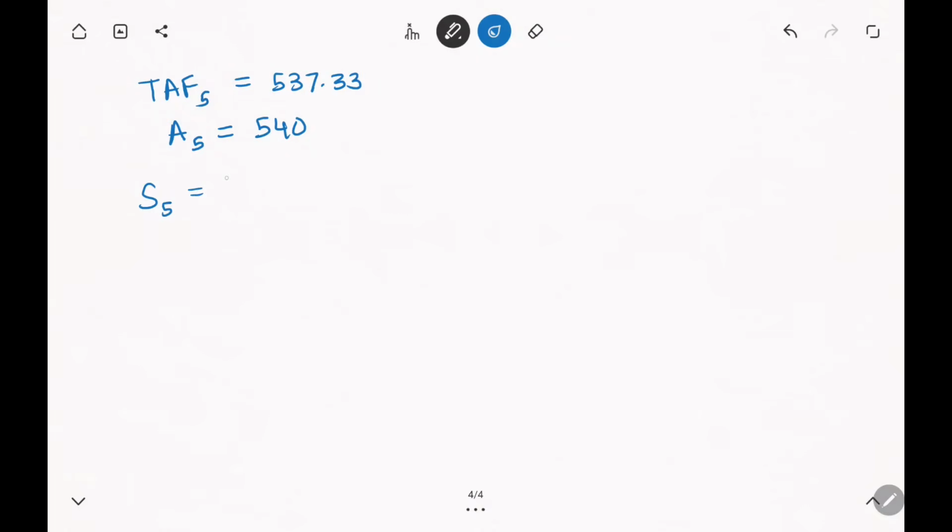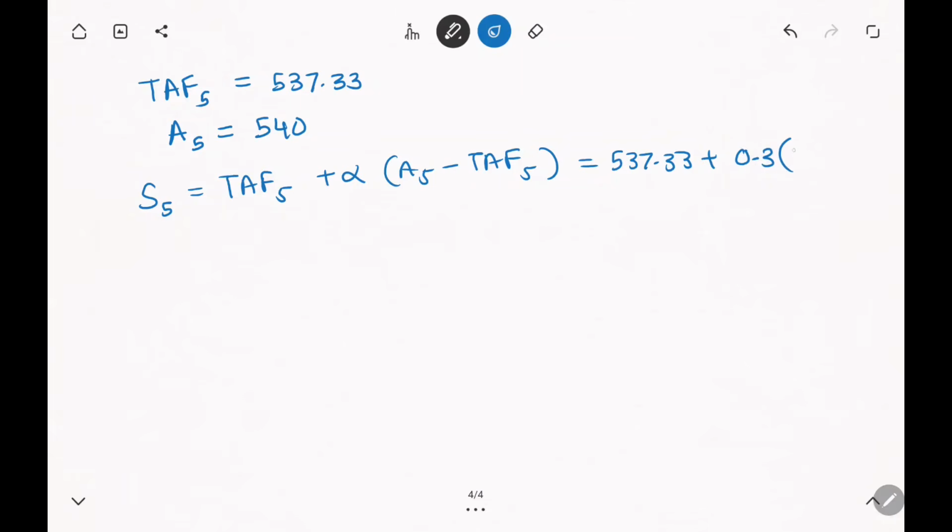Now we update the level using alpha equal to 0.3. So S5 will be 537.33 plus 0.3 times 540 minus 537.33, which is 2.67. So this gives us 538.13. This is the smoothed value at time interval 5.